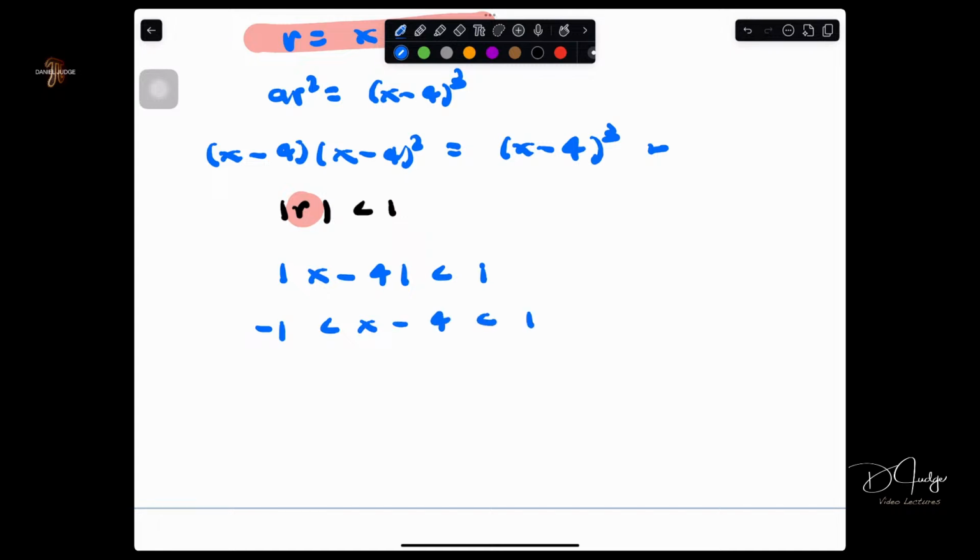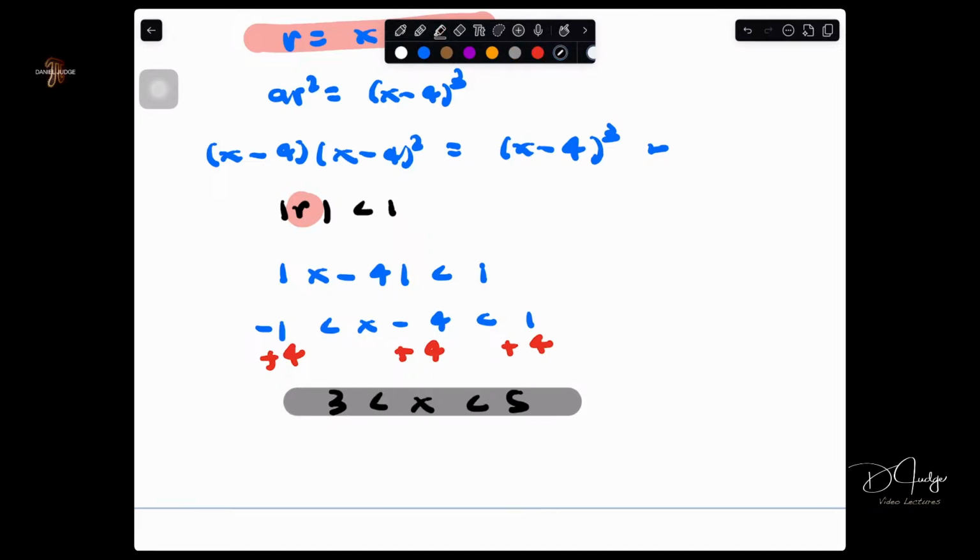It means x minus 4 is between -1 and +1. We can solve for x by adding 4 to the left, the middle, and the right. We get 3 is less than x, which is less than 5. So we're going to get convergence here for these values of x.